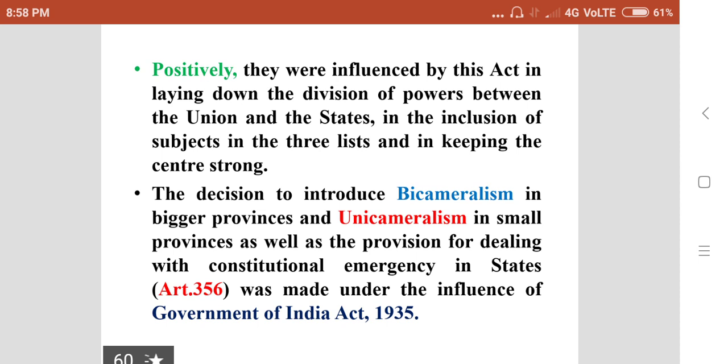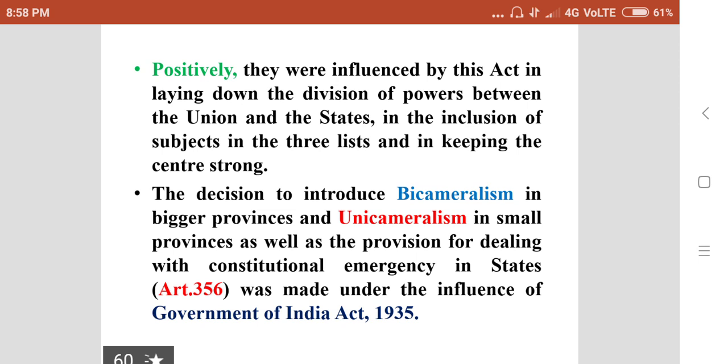The decision to introduce bicameralism in bigger provinces and unicameralism in small provinces, as well as the provisions for dealing with the constitutional emergency in states, was made under the influence of the Government of India Act 1935. So this act is also called the blueprint for the Constitution of India.